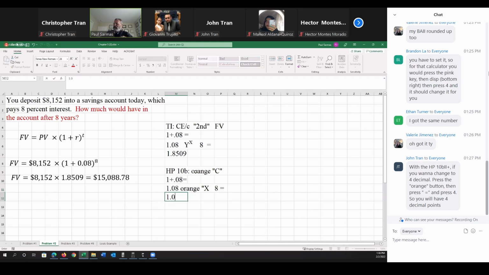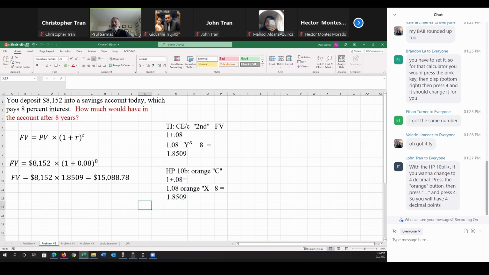And your calculator should give you 1.8509. And you plug it in here for 1.08 to the power 8, and you get the future value.